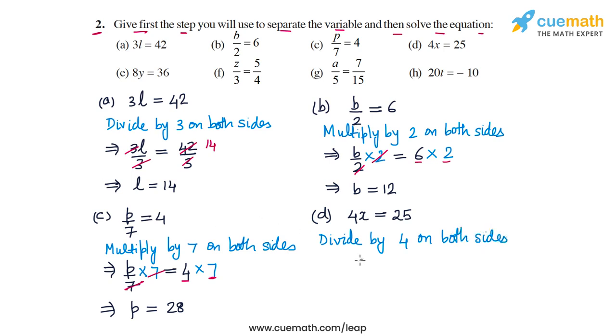So the original LHS is 4x, the original RHS is 25, and let's divide by 4 on both sides like this. So the 4's on the LHS cancel out, and we are left with x, and on the RHS we are left with 25 by 4. So the solution in part D is x is equal to 25 by 4.